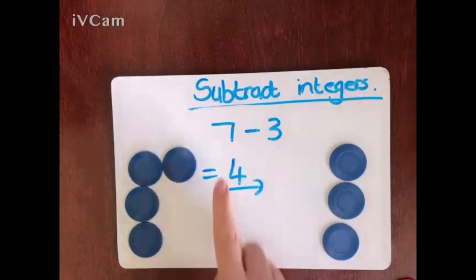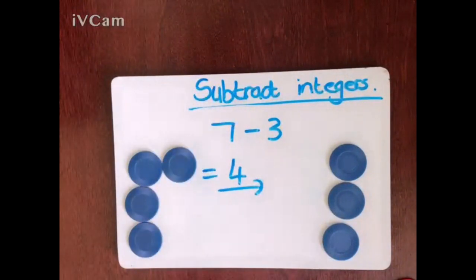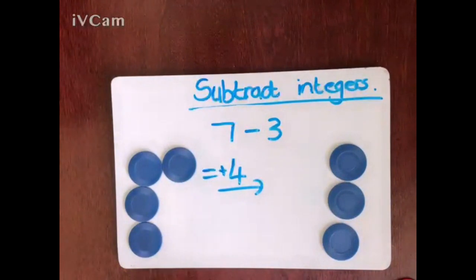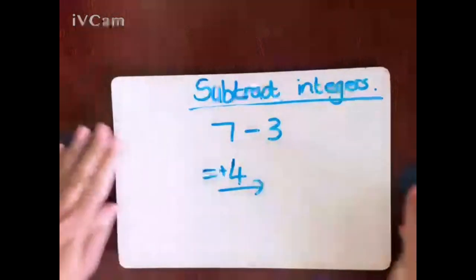And I do not have to write the plus there, but if they want to do that in the beginning, let them do that. You may write the plus for the blue ones, it is okay, let them do that.